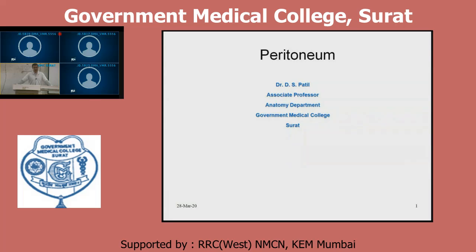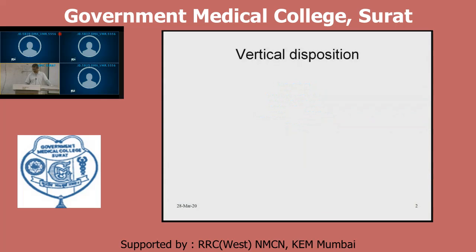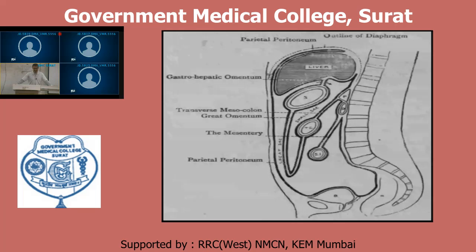Vertically, from above downward, if we trace these peritoneal reflections, we will start with the uppermost part of the peritoneal reflection in relation with the greater sac. How do these peritoneal folds get reflected in relation with the upper aspect of the abdominal cavity?